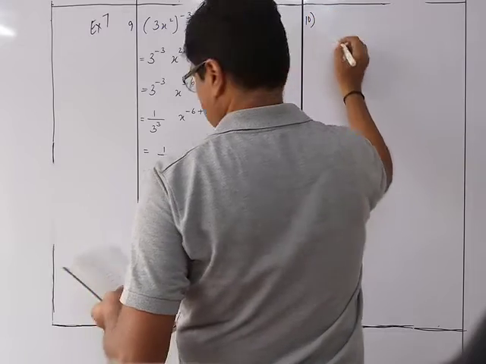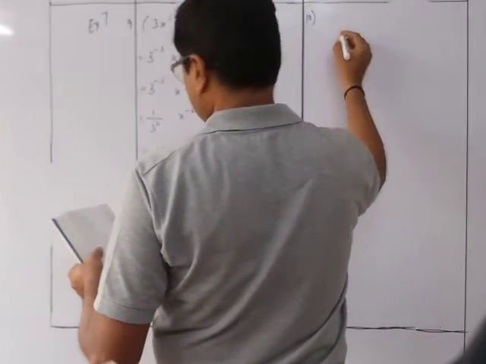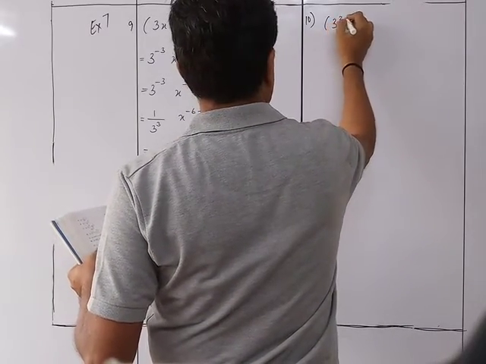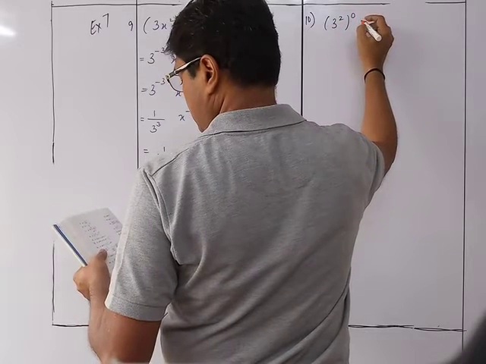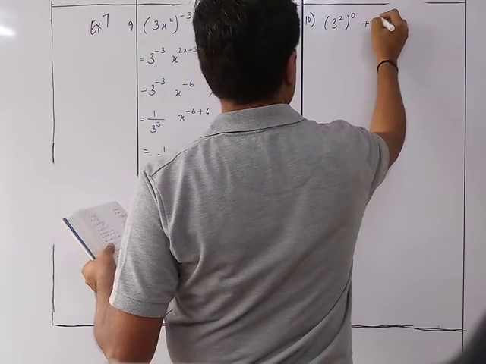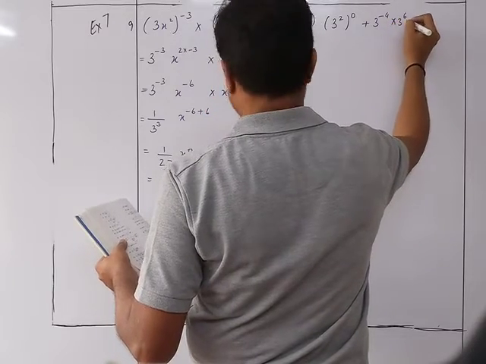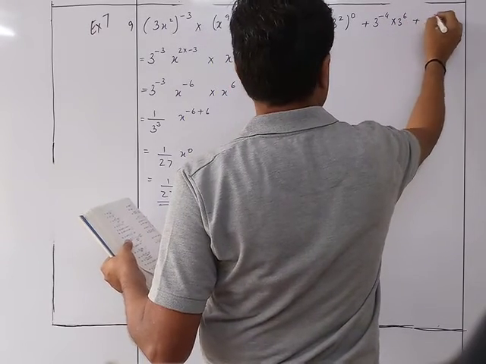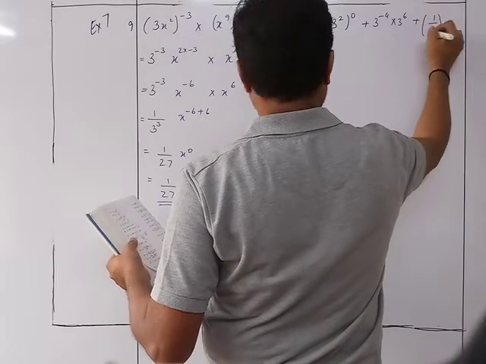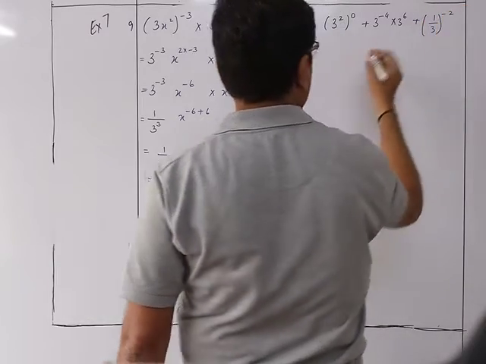Question number 10 is (3^2)^0 plus (3^(-4) into 3^6 plus 1 upon 3) the whole raised to minus 2.